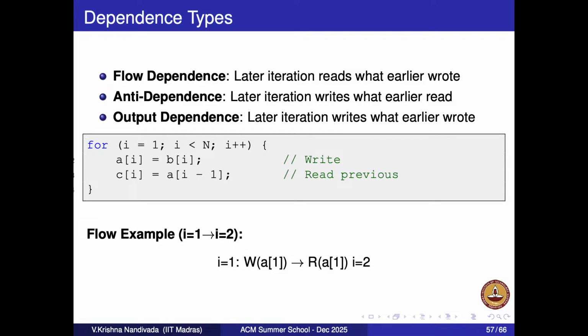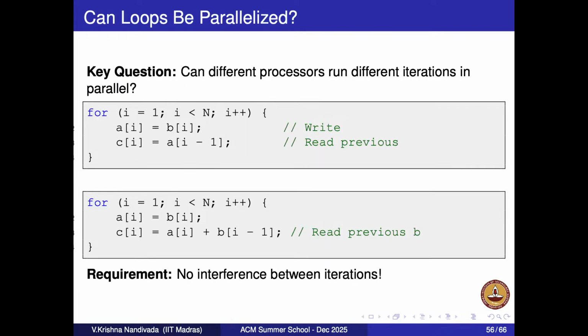Let's see if we had one example for anti-dependence in the previous slide. Did I? Yeah. Let's look at this one. What dependence do I have between A sub I and A sub I here? This is read after write, right?